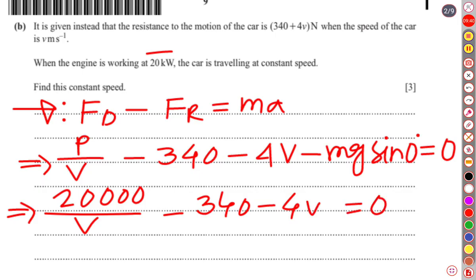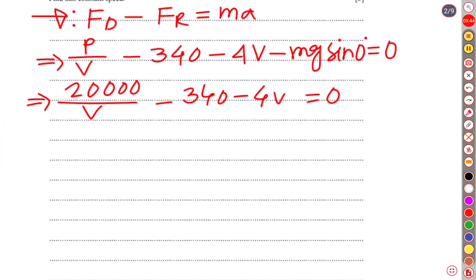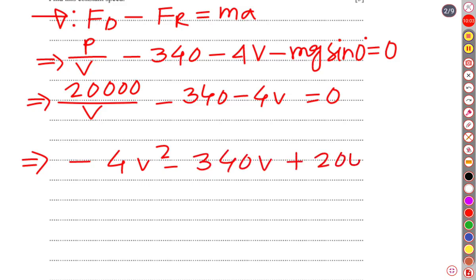If we multiply every quantity by v, it is going to be negative 4v square minus 340v plus 20,000 equal to 0.